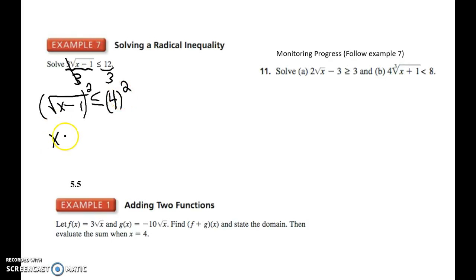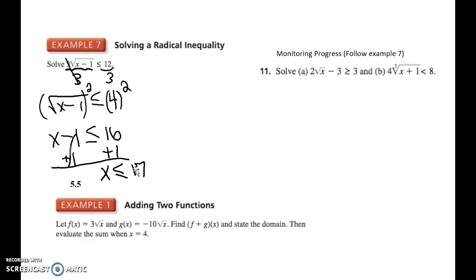And you're left with x minus 1 is less than or equal to 16. The final step is going to be what? Good. We're going to add 1 to both sides. And I get x is less than or equal to 17.